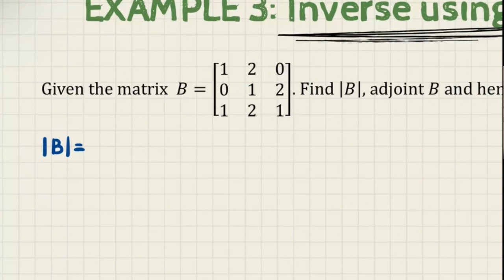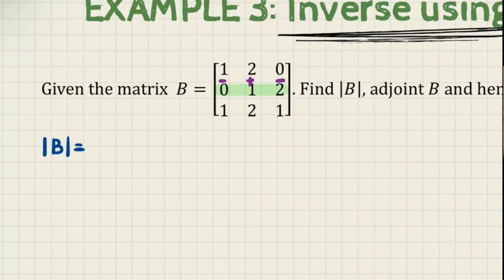Row mana ataupun column mana yang banyak kosong ataupun row mana ataupun column mana yang senang? 012. Okay. So let's use the second row. Apakah sign untuk second row? Negatif, positif, negatif.